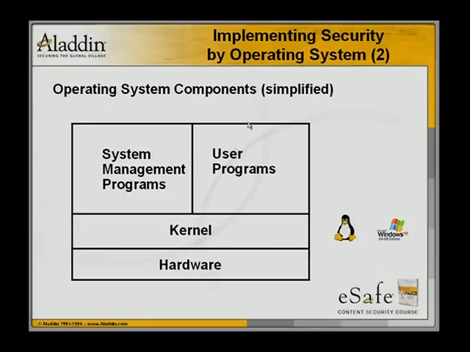We need to make sure that the user programs or even the system management programs do not have direct access to the hardware, because if they do, they can destroy memory or even hardware if it's not monitored correctly. So the role of the kernel here is to proxy the connection between the user programs and the hardware, and to make sure that it does not create any damage which is irreparable.